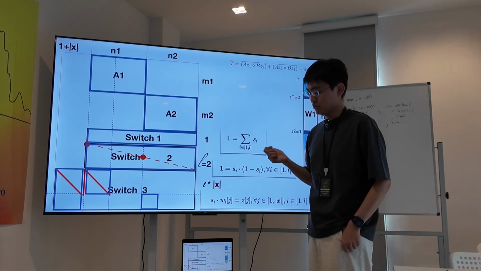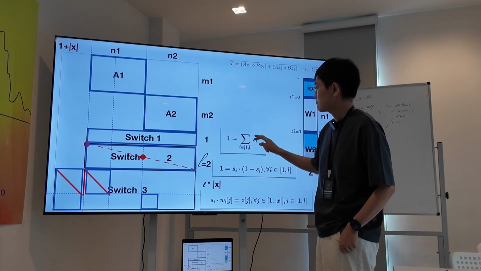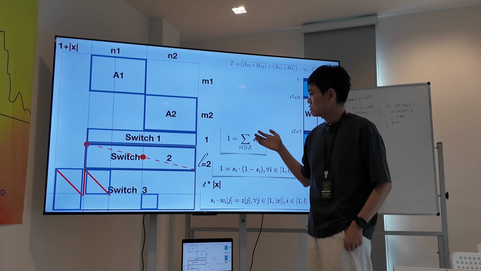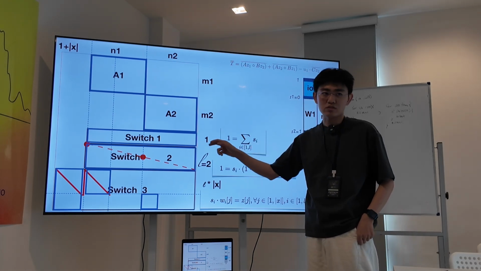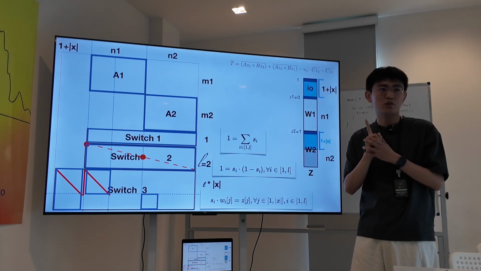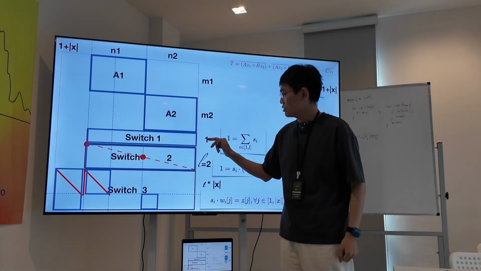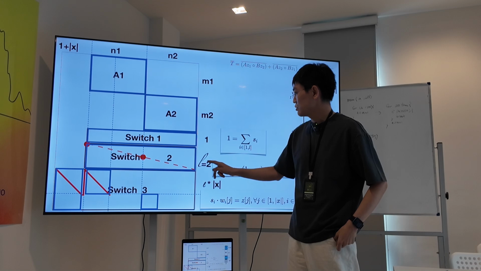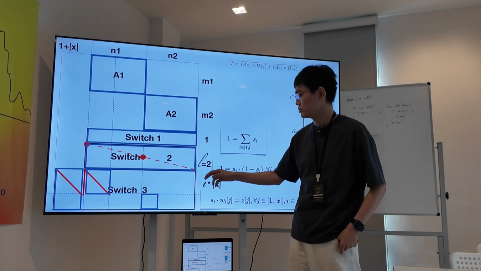Nebula adds the first constraint, which is that the sum of everyone's selector is equal to 1. That means you need to select exactly one opcode in each step. And then it introduces 2. L is the number of opcodes here. So there are 2 opcodes.